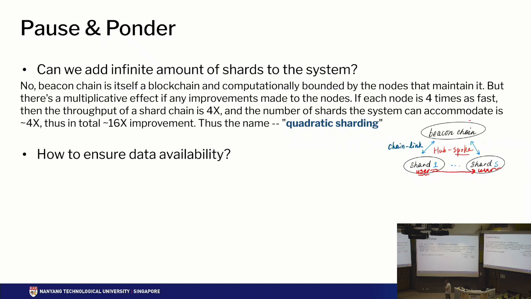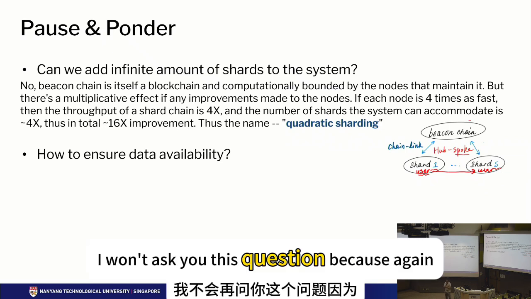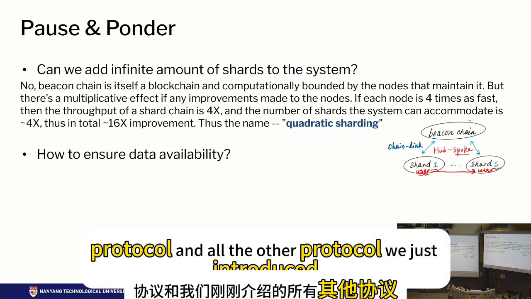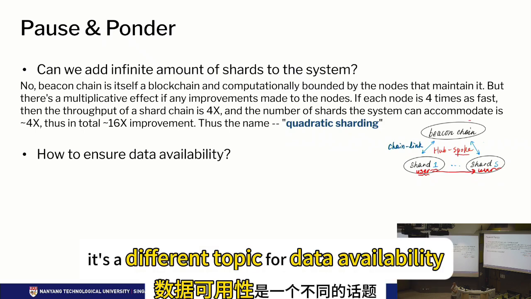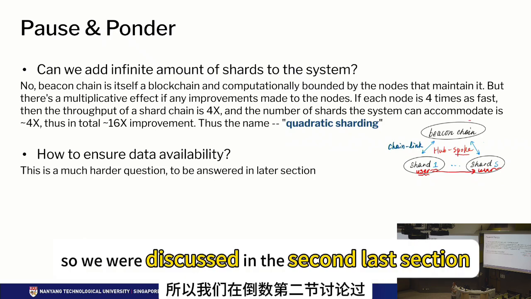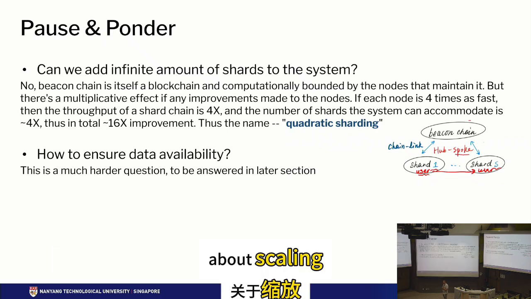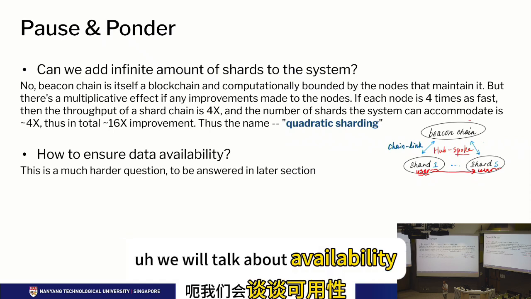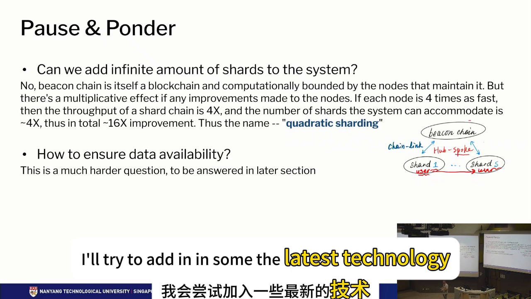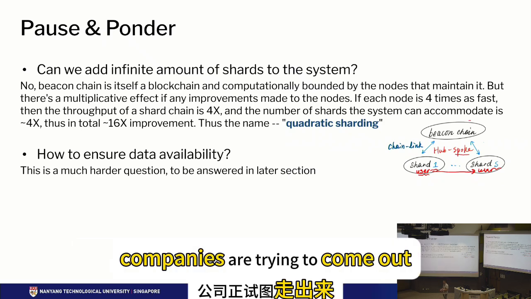So I won't ask you this question, because for Near Protocol and all the other protocols we just introduced, data availability is a different topic. So we will discuss it in the second-to-last section about scaling storage and scaling consensus. We will talk about availability. I'll try to add some of the latest technologies companies are trying to come out with.